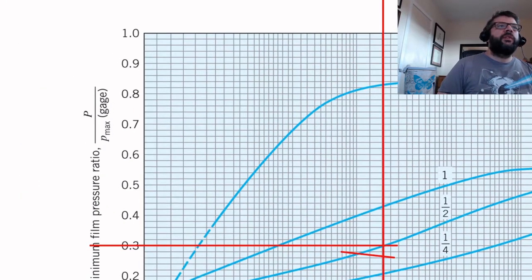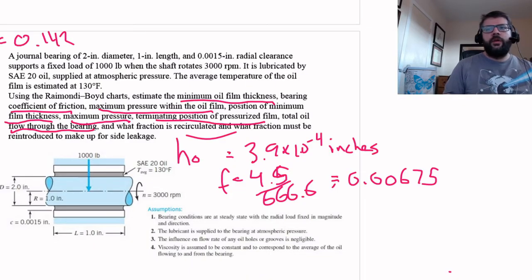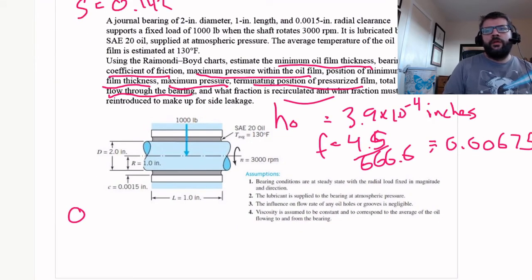So again, 0.3 is equal to the bearing pressure divided by the maximum pressure in the film. So our bearing pressure is 500 psi. And then our Pmax.